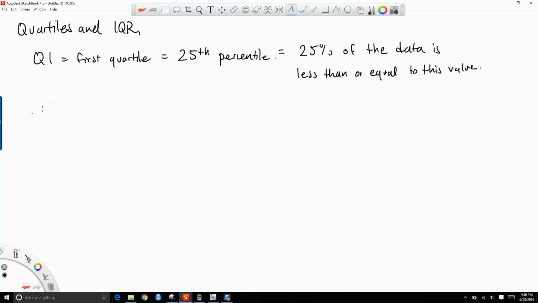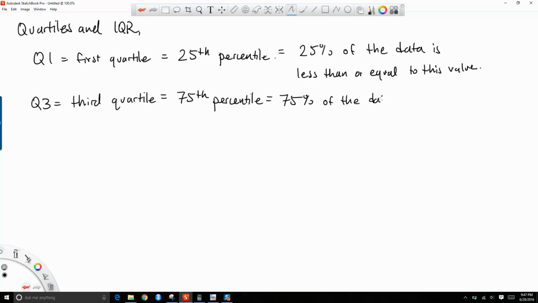Q3 is the third quartile. That is the 75th percentile. So 75% of the data is less than or equal to this value.